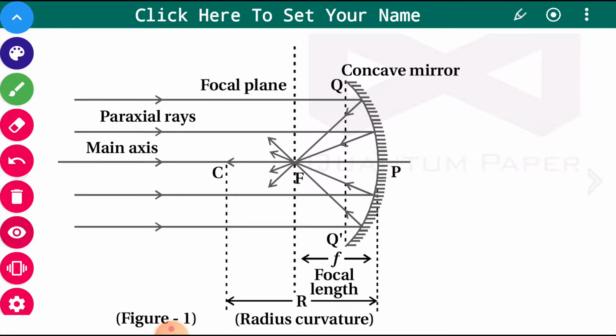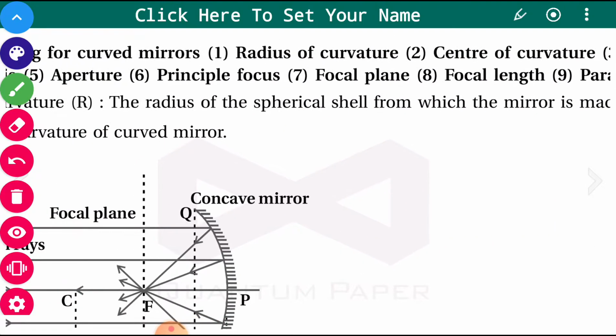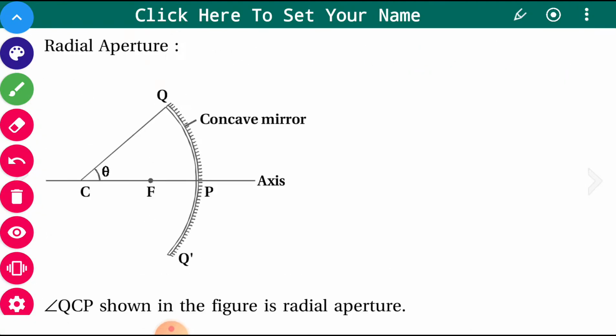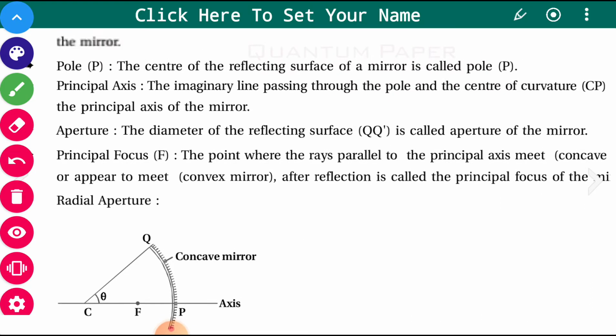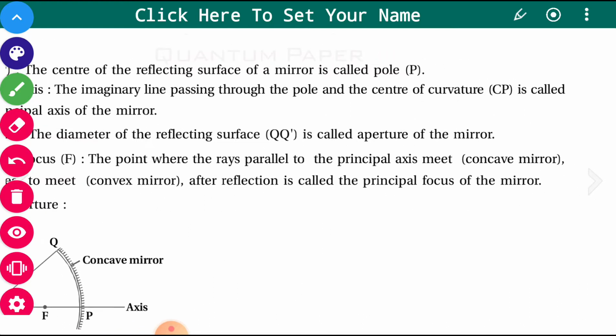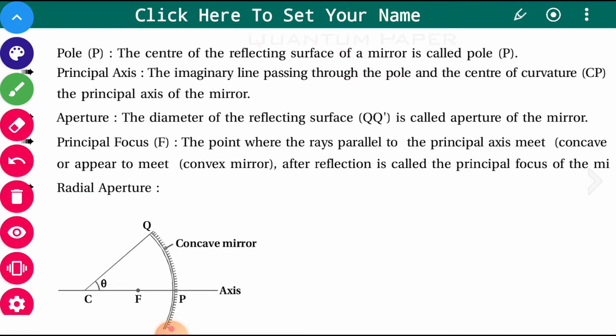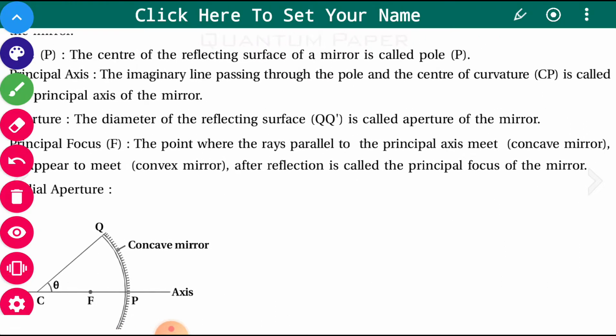Okay, now there is another definition, that is principal focus. Now principal focus is the point where the rays parallel to the principal axis meet or appear to meet after reflection, that is called the principal focus.